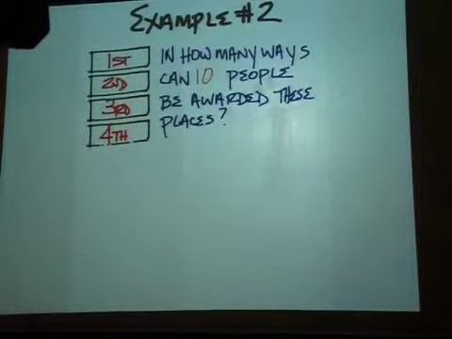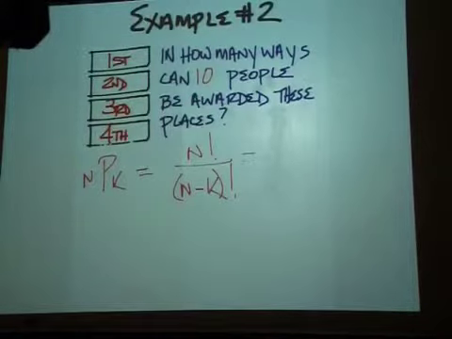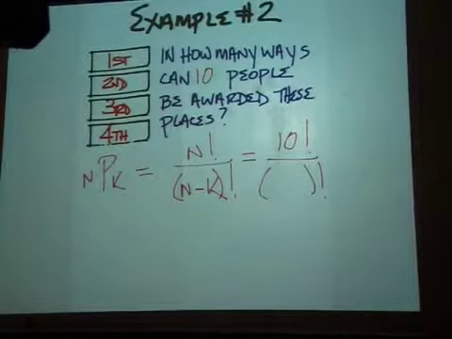In how many ways can 10 people be awarded these places? And we have 4 places in this contest. The formula is nPk equals n factorial over the quantity factorial of n minus k. Fill in the numbers to get 10 factorial over the quantity factorial of 10 minus 4.